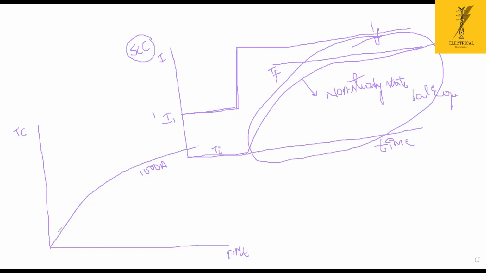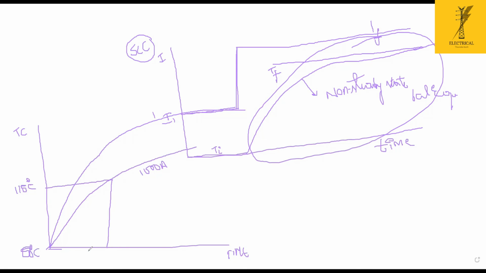When I inject 2,000 amps, the temperature rises like this. Based on this, we check how much time the conductor will withstand each current. Suppose this is 115 degrees Celsius, the worst condition of the conductor temperature, and this is my initial temperature, could be 85 or 80 degrees.